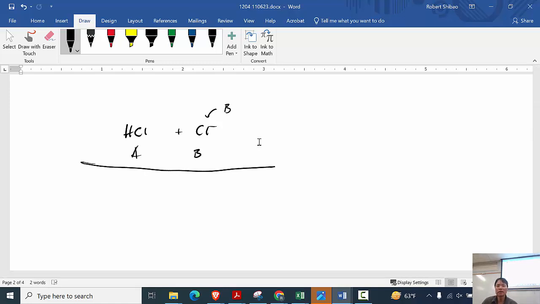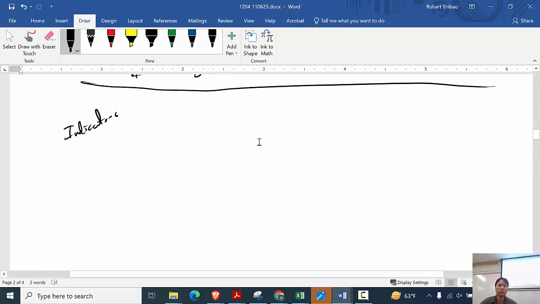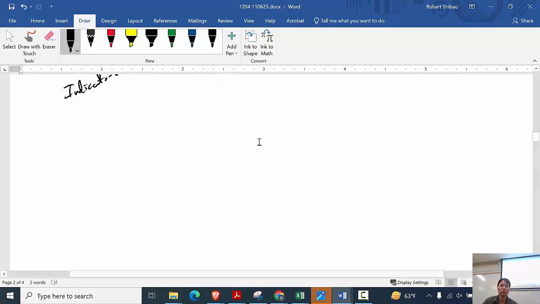All right, now the next thing I'm going to talk about are indicators. A typical indicator is like a weak acid, and its conjugate is a weak base.